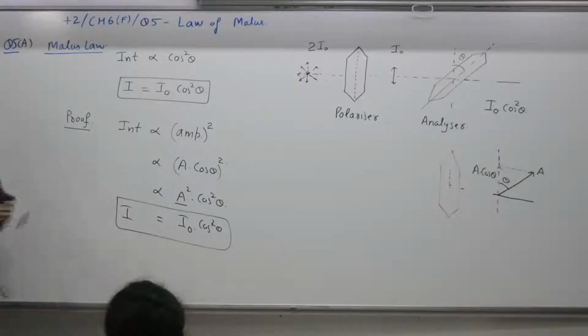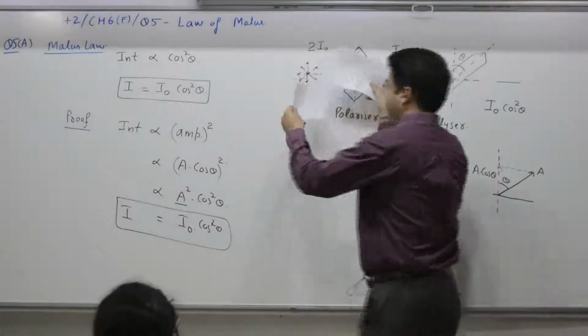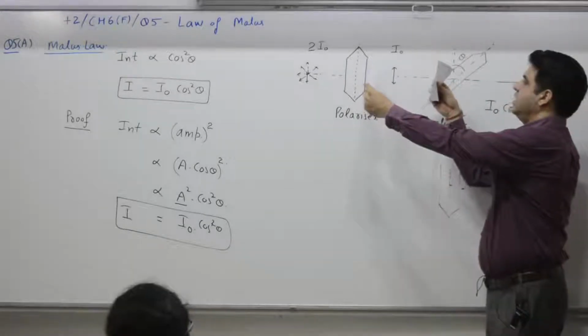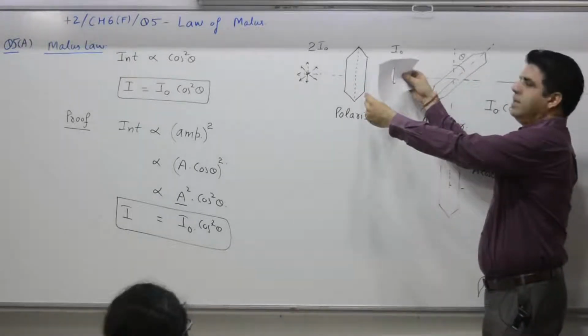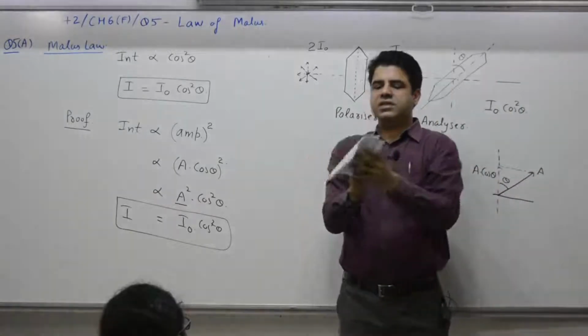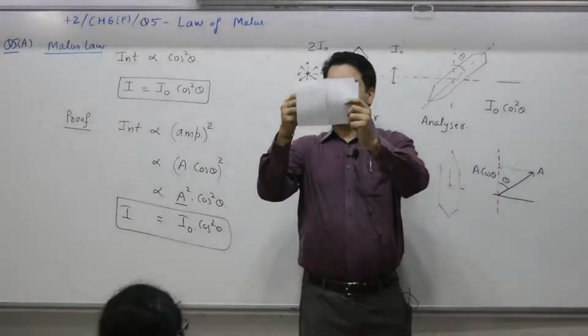When theta is 0, in case this is the angle, this energy is I naught. This is also I naught. Same energy will pass.